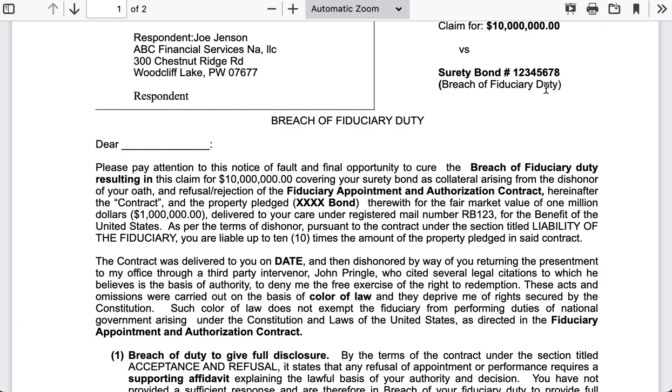Now, imagine you tell the insurance company, I want to settle. They tell you it's frivolous or it's nonsense or whatever. Okay, now you can go into maybe a court of equity or some other, but you may have to take it into a court and file a claim on the bond, right? On the surety.